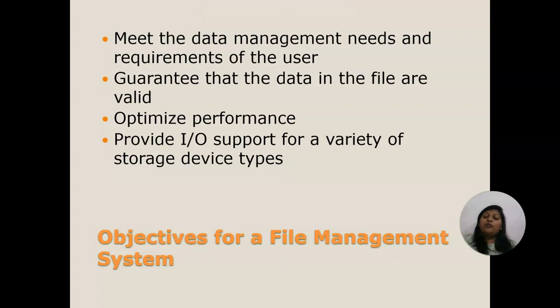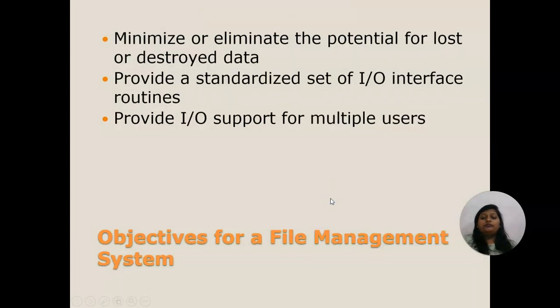And fourth one, provide I/O support for a variety of storage device types. Next one is minimize or eliminate the potential for lost or destroyed data. Then provide a standardized set of I/O interface routines. And next one is provide I/O support for multiple users.